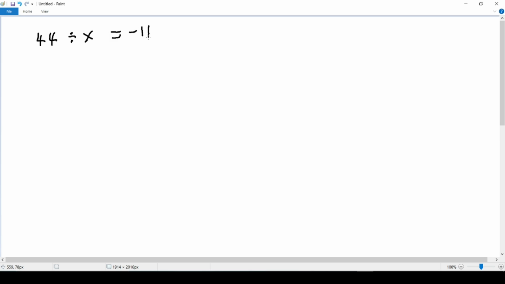So in this case, we know 44, which is the top. We are dividing 44 by a number that we don't know, we call it x, and the result should give us -11. So what we can realize is our result is negative, and one of the numbers here is positive. So the second number has to be negative, because when they have opposite signs, the result is always negative.